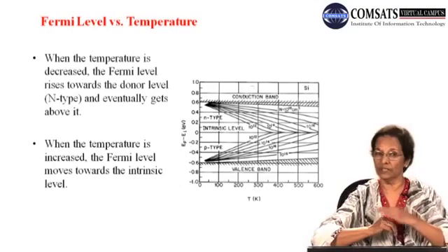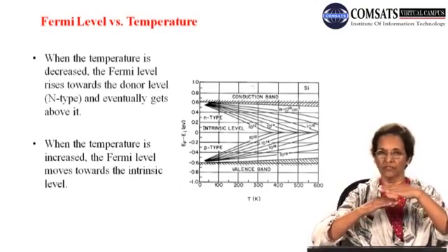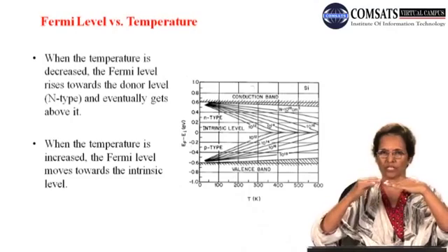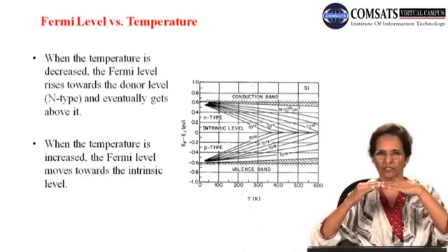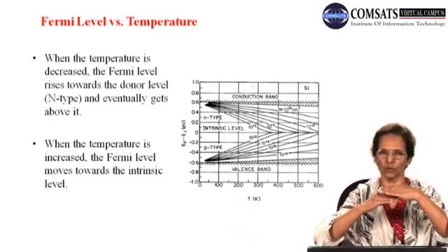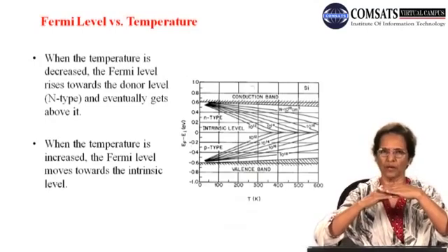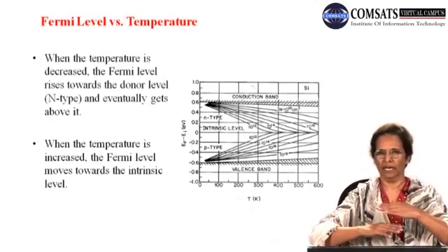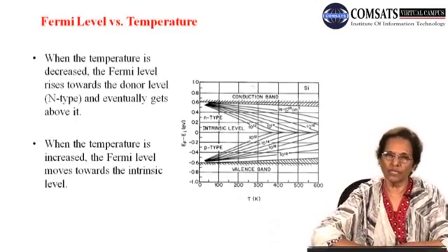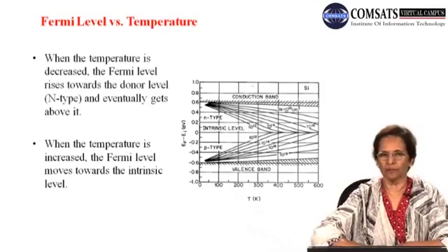Now you dope the material N-type. The Fermi level will now shift into the upper half of the band gap, between the intrinsic level and the lower edge of the conduction band. And for P-type, the Fermi level would be in the lower half of the band gap.